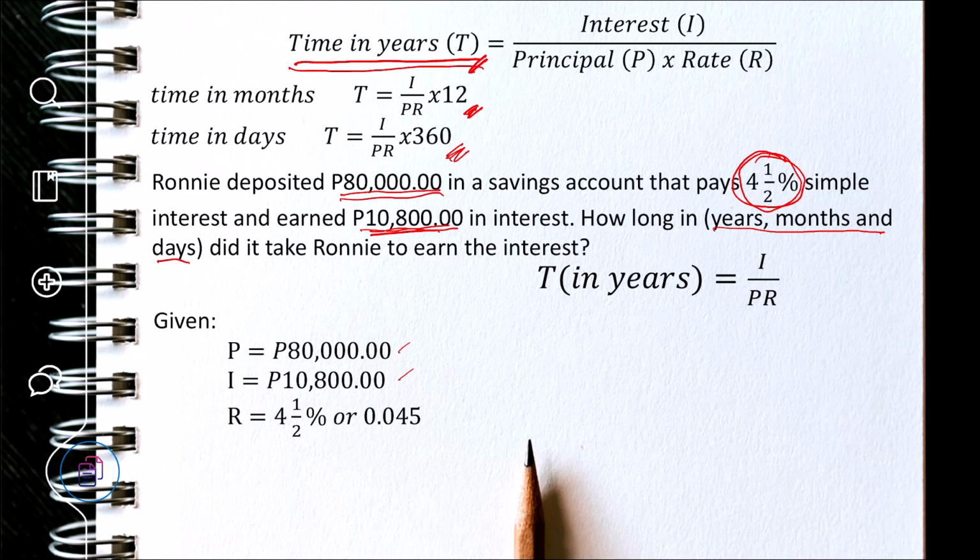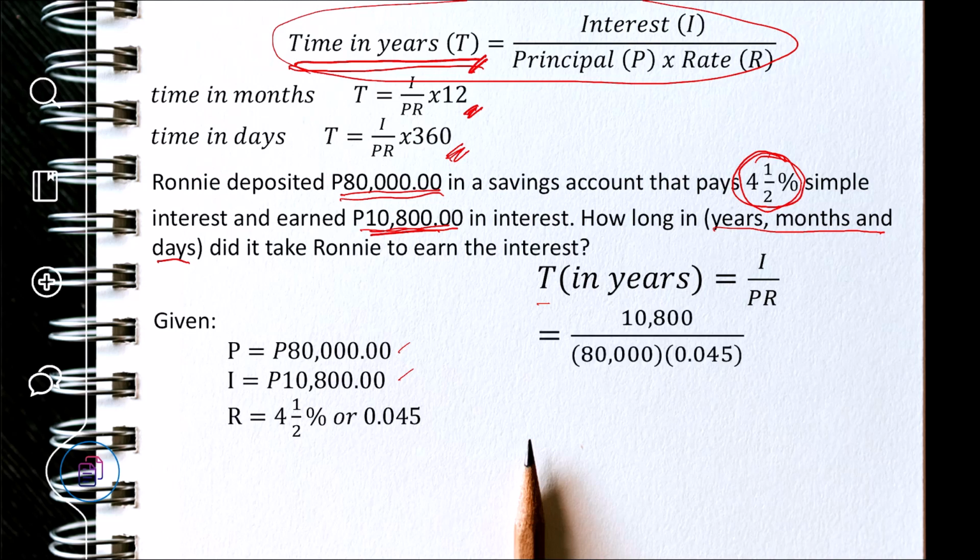Okay, in years na muna ang computin natin. Ulitin ko po ang formula na to, ang magiging sagot nito is automatic in years na kaagad. So, time is equal to I over PR. The value of I is 10,800 over 80,000, that's the principal, and the rate is 0.045.